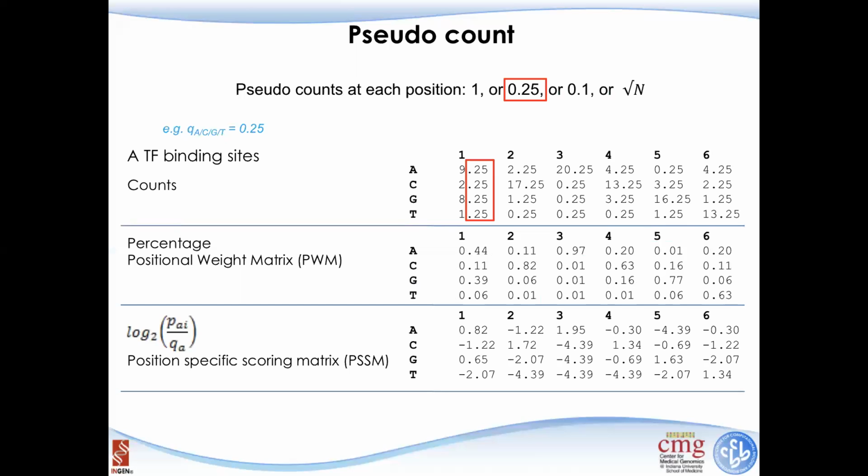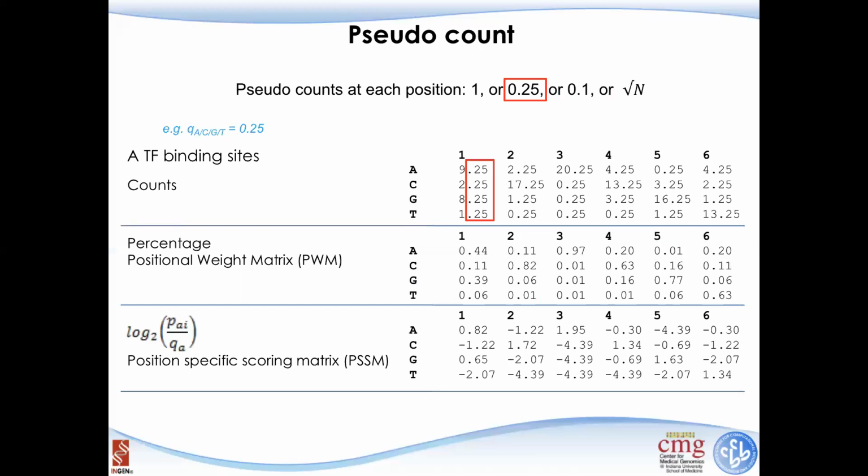So here is an example. We use 0.25 because we assume the frequencies of ACGT are very similar. So 0.25 means we give a total of 1 pseudo count for ACGT. Then we evenly distribute it to all the sites.